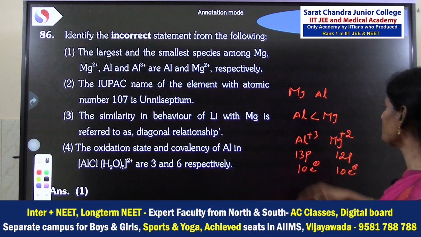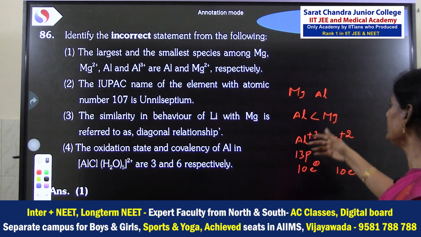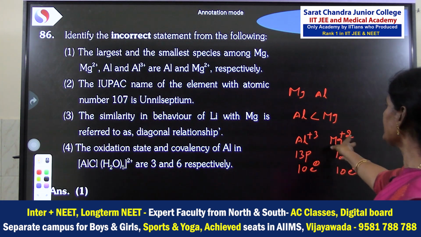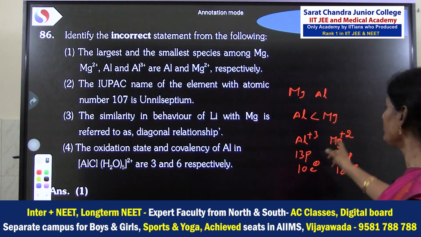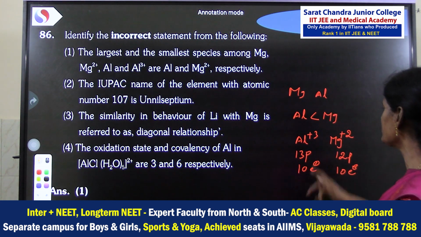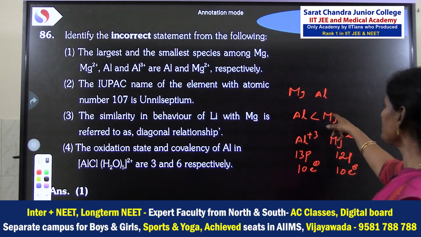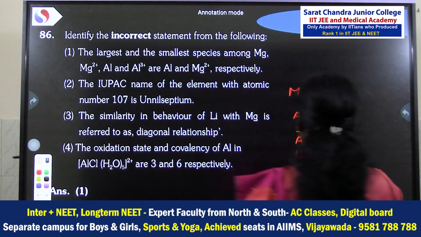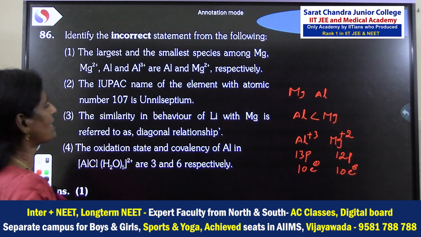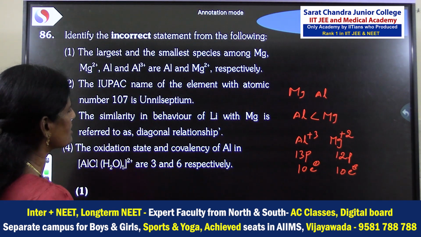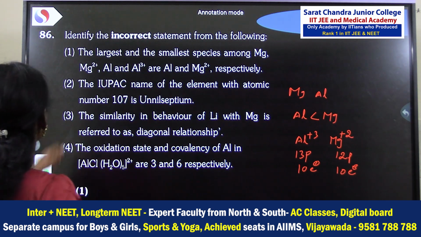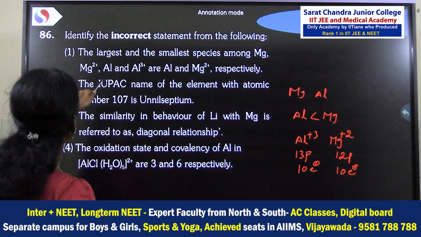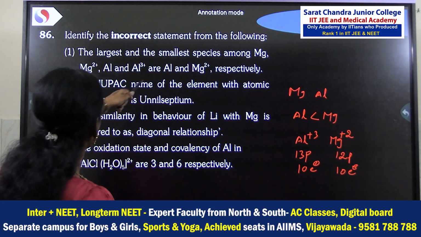In the case of isoelectronic species, as the charge on the cation increases, size decreases. So cations are smaller in size compared to neutral atoms, and between these two ions, Al+3 is smaller in size, whereas Mg+2 is bigger. So among these four, the largest in size is magnesium, and the smallest is Al+3.